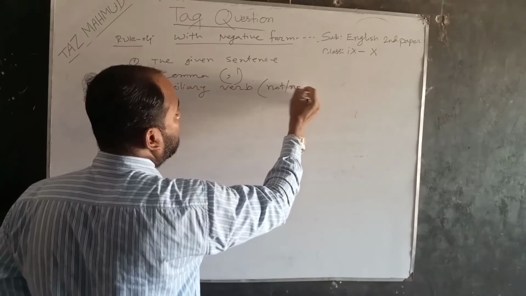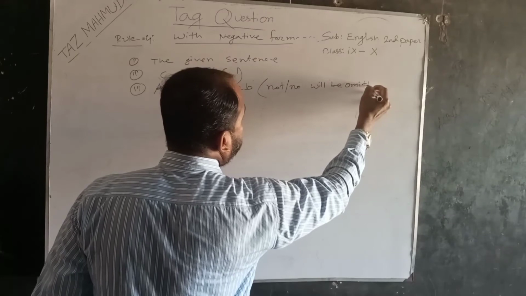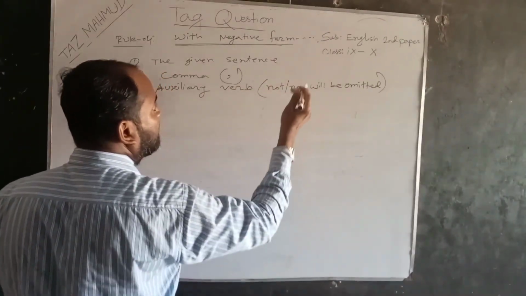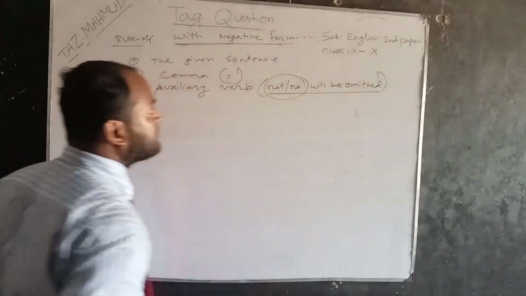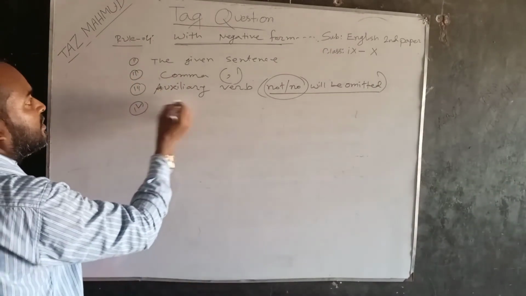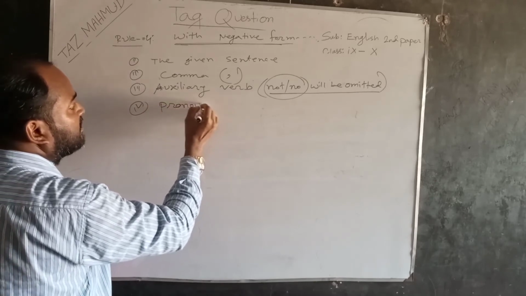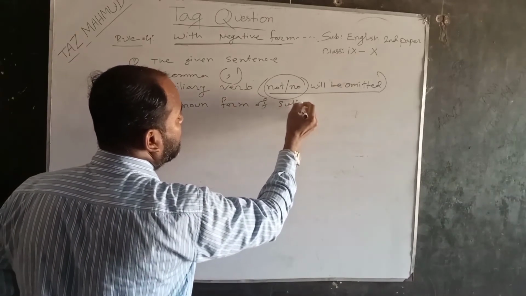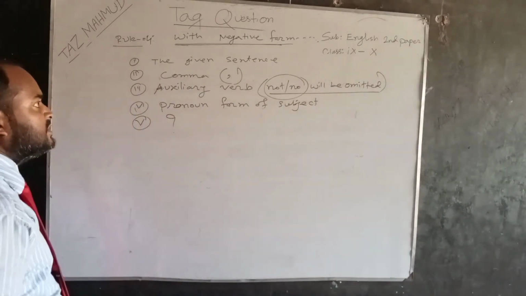No or not will be omitted. If the sentence is negative form, then from the answer part we have to omit the negative form no or not. Then we write the pronoun form of the subject, and lastly we put the note of interrogation.